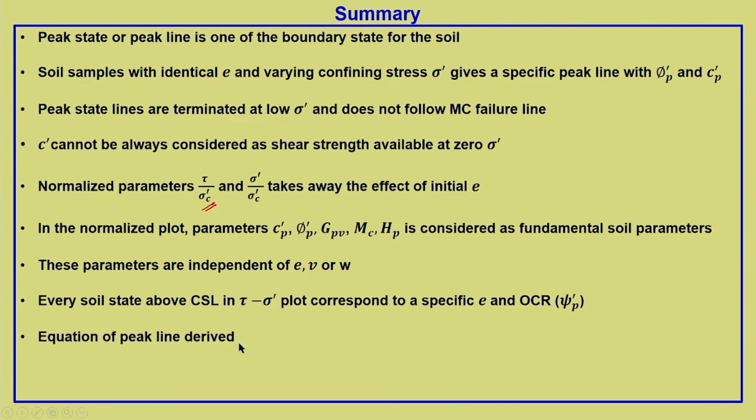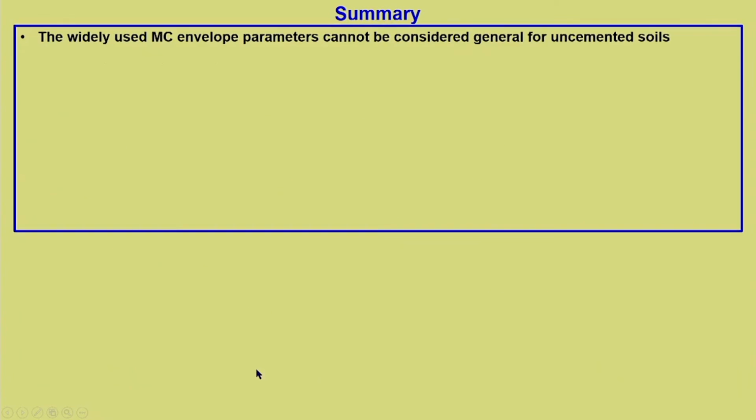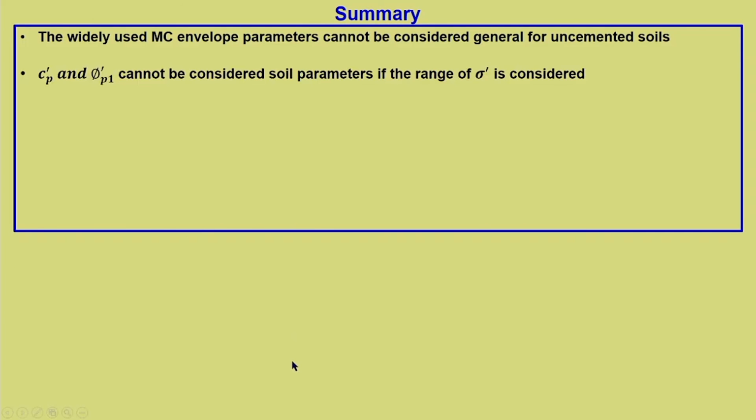Equation of peak line is derived. A power law curve satisfies the requirement of 0 strength at 0 effective mean stress and meeting the critical state line at high sigma dash, that we have shown, because this is the most adequate representation and the more generalized aspect. The widely used Mohr Coulomb envelope parameters cannot be considered general for uncemented soils.